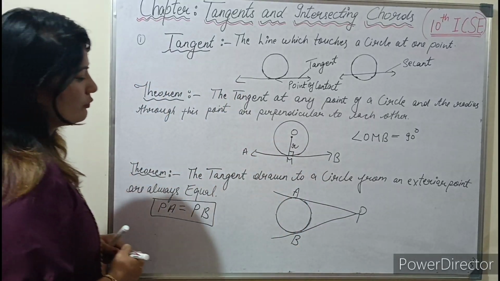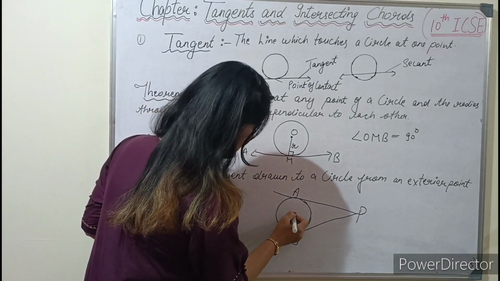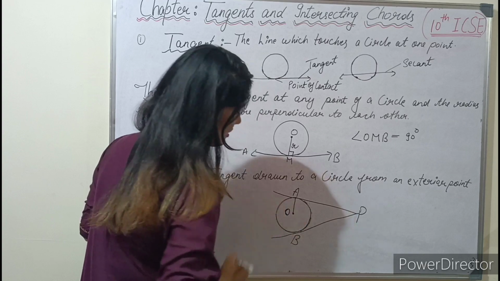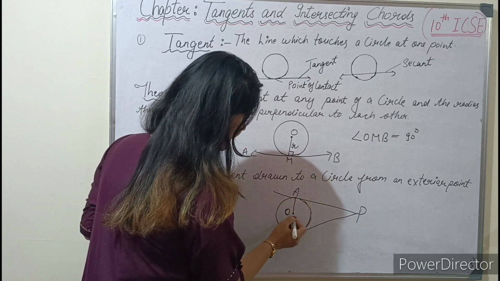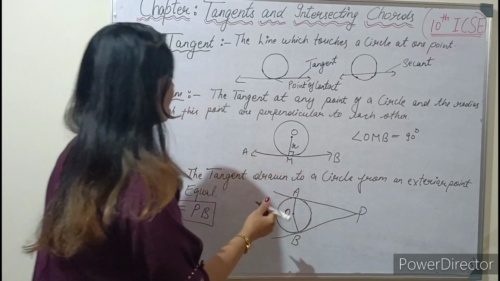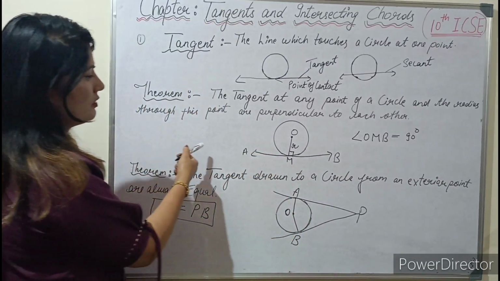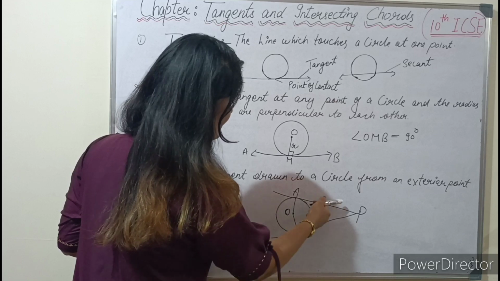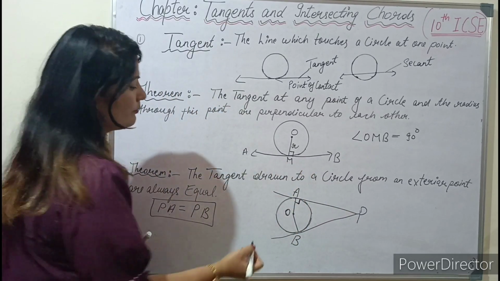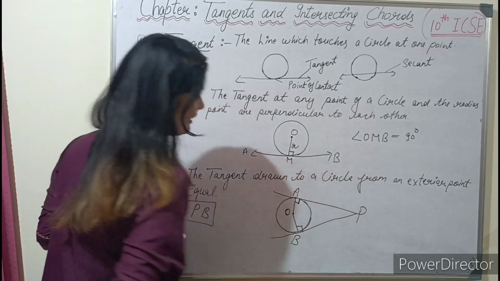Also we can conclude one more thing. If I join this point, this is the center of the circle O. So OA and OB are the radii of the circle. From the first theorem, we can say that radius and tangent are perpendicular. So this angle is a right angle and this angle is also a right angle.